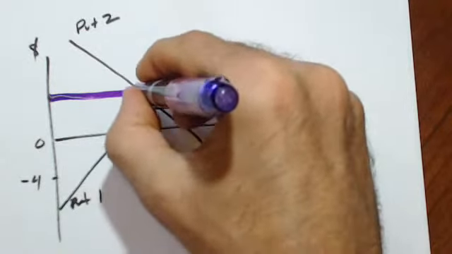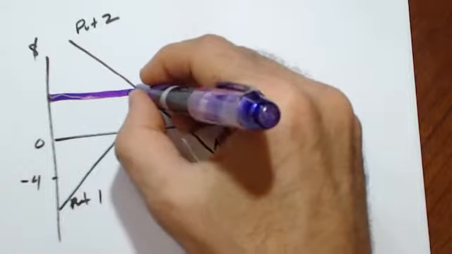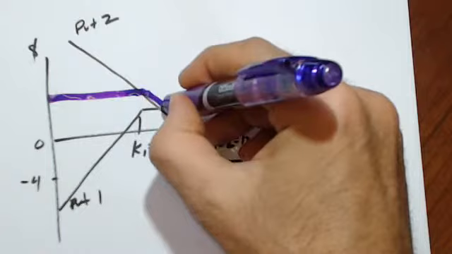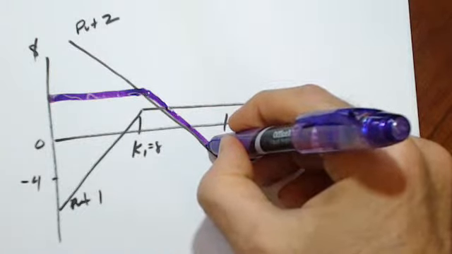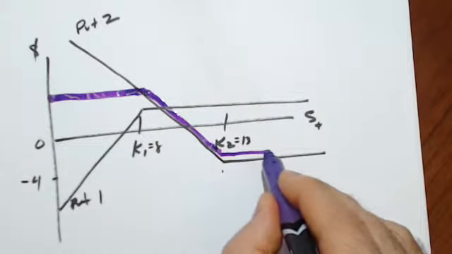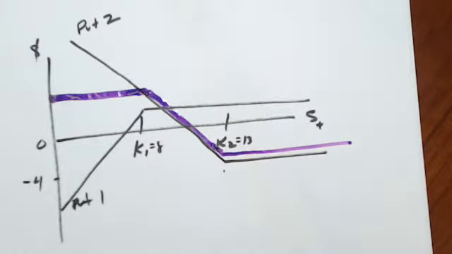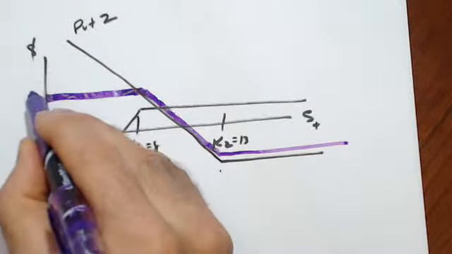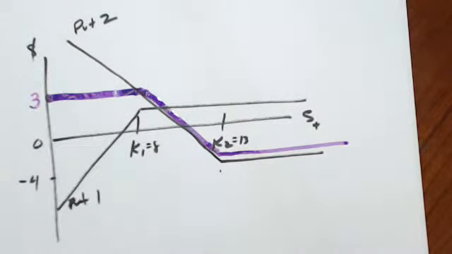It's going to kink. Okay, that's the purple line. That's basically how it's going to look. And I can drop this number in. This is the 3 that comes off the table.